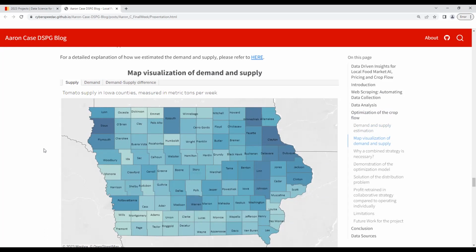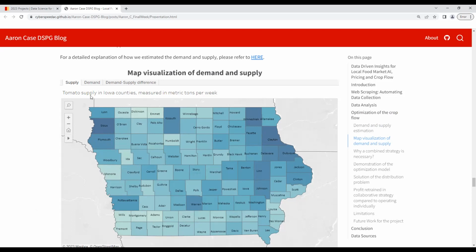Wherever the color is deep blue, that means there is more supply compared to the light blue. For example, if we hover our mouse over Sioux County, we can see that the supply is 4.477 metric tons per week. And if we hover our mouse on a light blue county, for example Fremont County, the supply is 1.475 metric tons per week.